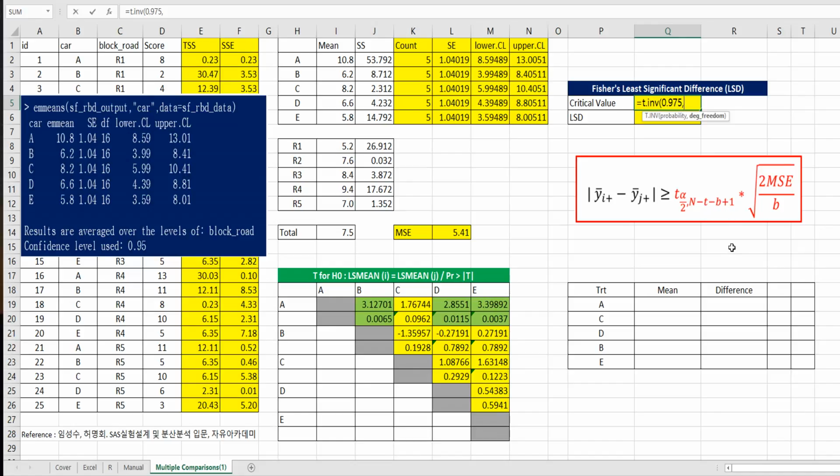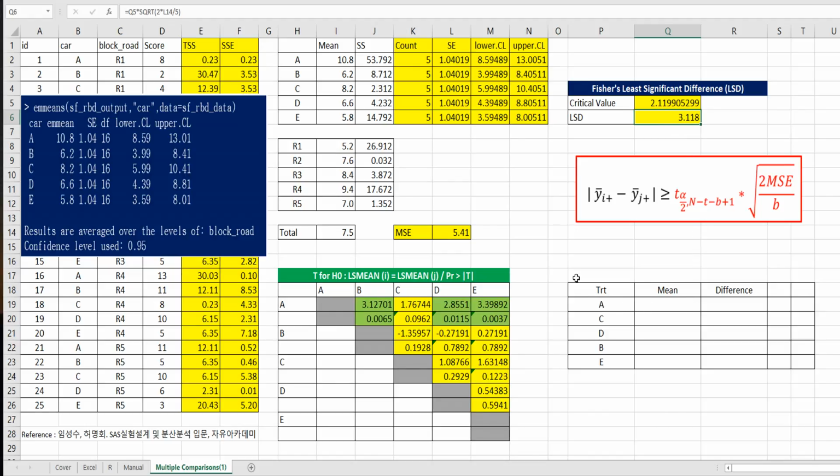So 25 minus 5 minus 5 plus 1. Right, this is the critical value. Then if we multiply by this one, we can get the LSD. So critical value multiplied by the square root of 2 times MSE over the number of blocks, which is 5. Okay, this is the LSD.